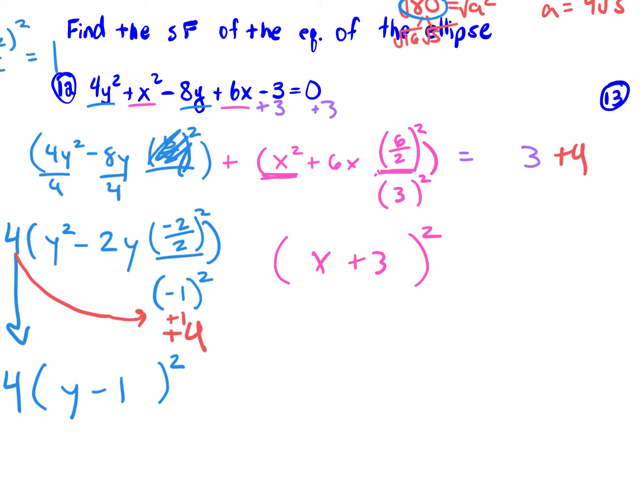Here, I'm adding a 3 squared, which is 9. So I'm adding 9. I need to add 9 on my right side too. So I have 4 times y minus 1 squared plus x plus 3 squared is equal to 3 plus 4 plus 9, which is 16.